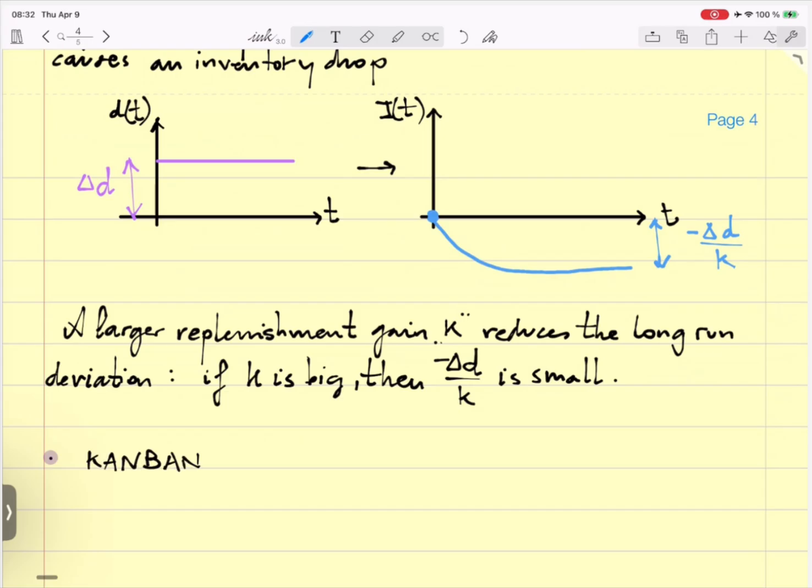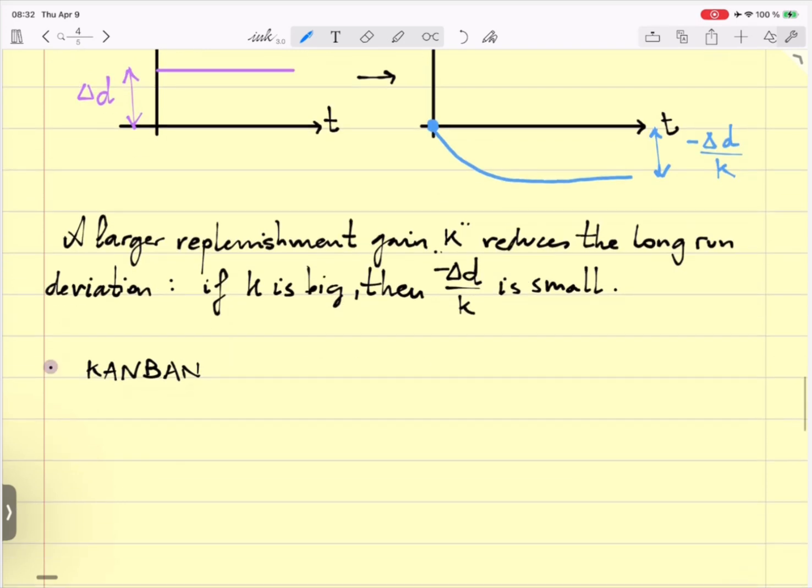Kanban will be a topic that you will see in many other lectures, okay? If you don't know it yet, it follows the following logic. You withdraw some yogurt from the shelf. This triggers a replenishment signal.